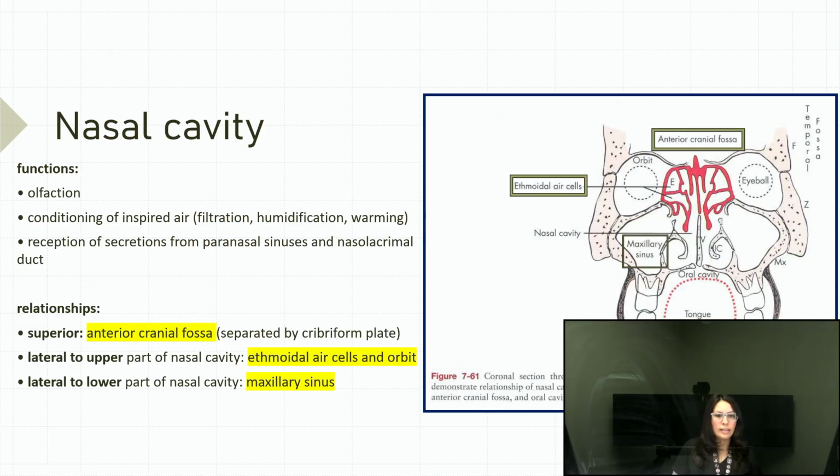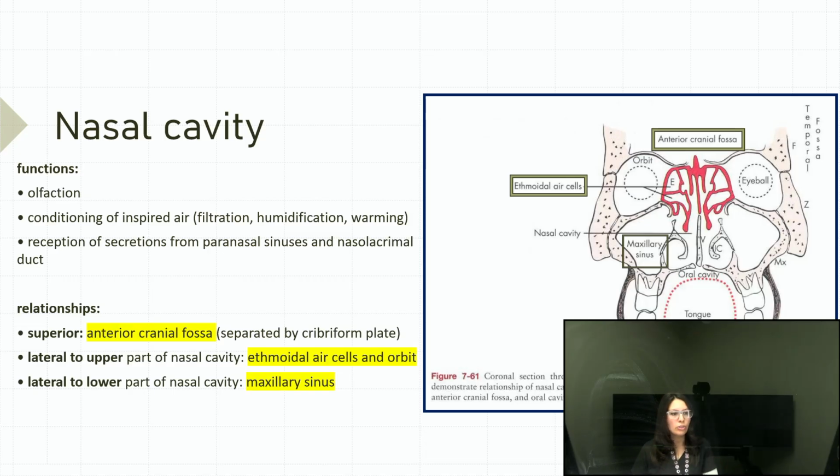And it receives secretions from the paranasal sinuses, such as mucus, etc. So it has a very important function. Also, it's not written here, but it helps in the process of phonation when you're speaking.